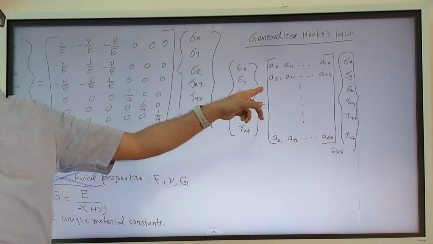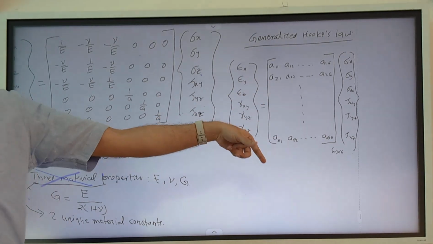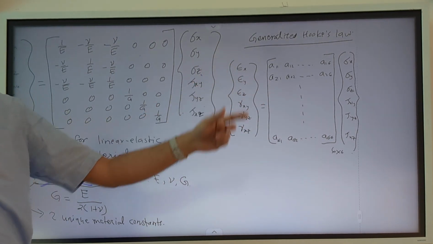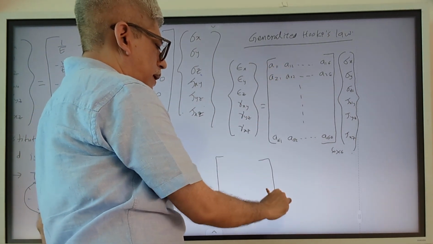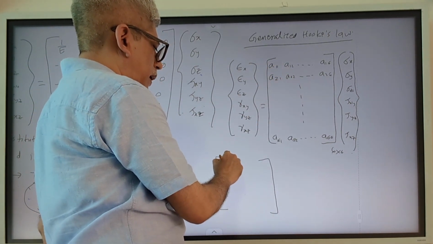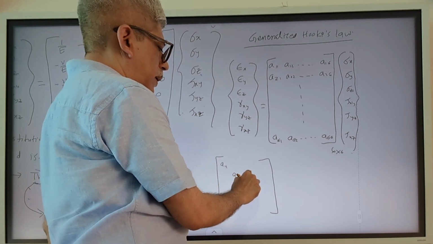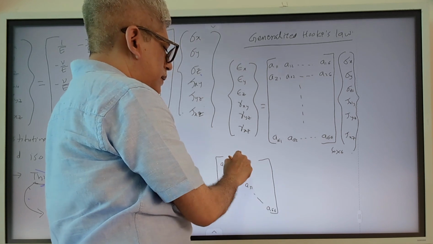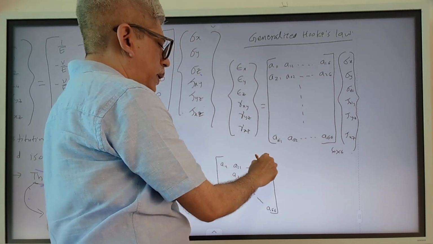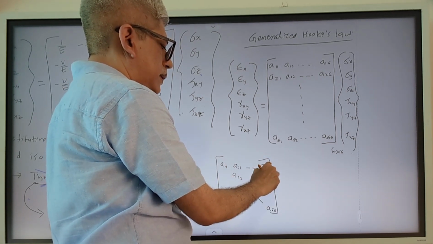It can be proved that this particular matrix will always be a symmetric matrix. That means across the diagonal, you have A11, A22, A33 up to A66, and then you have A21 up to A16, A26.